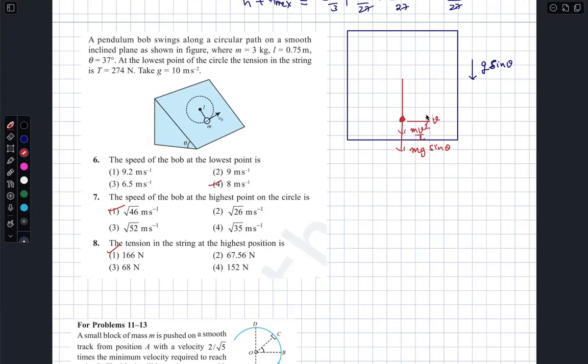With respect to an observer here, mv square by L and tension T. So finally the tension is mv square by L plus mg sin theta. 274 is equal to 3v square by 3 by 4 plus mg, 3 into 10 into sin 37, which is 3 by 5.